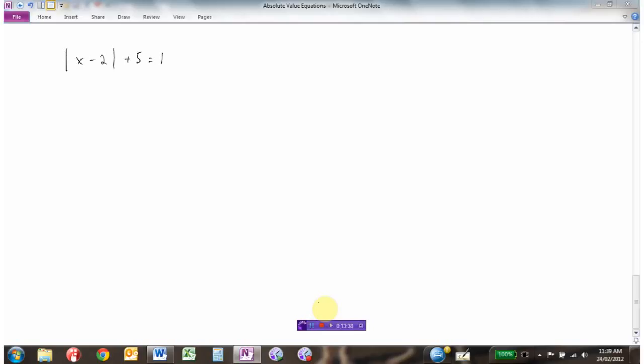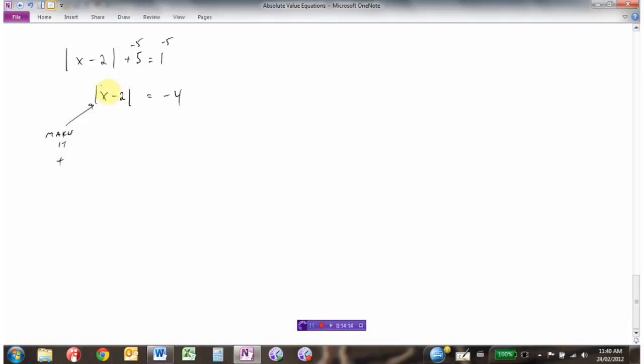Sometimes it's even possible to come up with an example that has no solutions. If you consider this one right here, usually when we have an equation, we want to isolate the absolute value part. So the first thing I'm going to do is minus 5 from both sides, so that I have the absolute value part isolated. And then it looks like this. Right at this stage you should realize this is never going to work, because the absolute value of x minus 2 says make it positive.